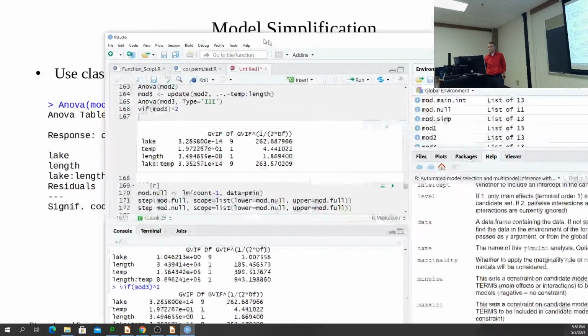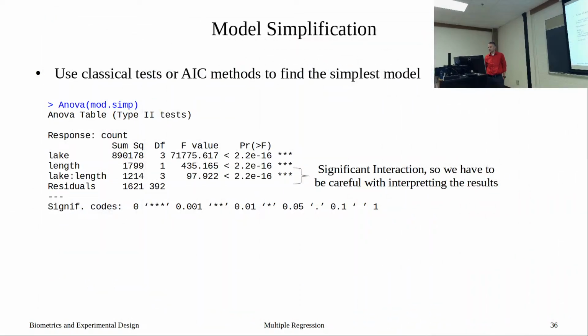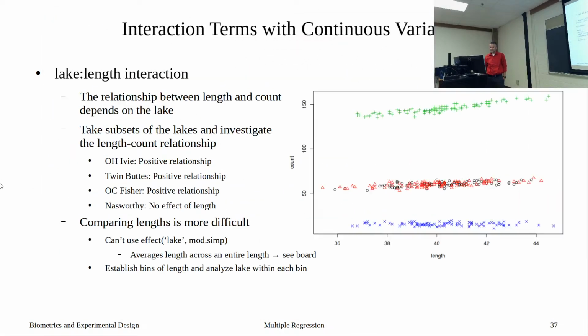All right. Here's the hard part. Our interaction. We still have to analyze it as an interaction, and we've got two things to look at: lake and length. We can control for lake. We can take subsets of lake and analyze the relationship with length.